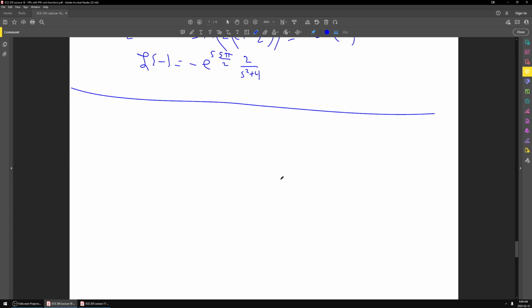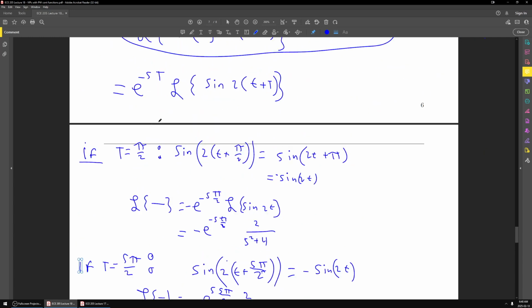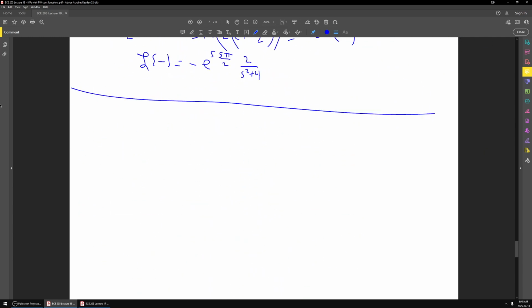Just like all the other rules, you just make sure you don't have typo kind of things. So if I put all these together, what I actually have is s squared plus 4 times Y of s is equal to, both of these are going to have my negative 2 over s squared plus 4.